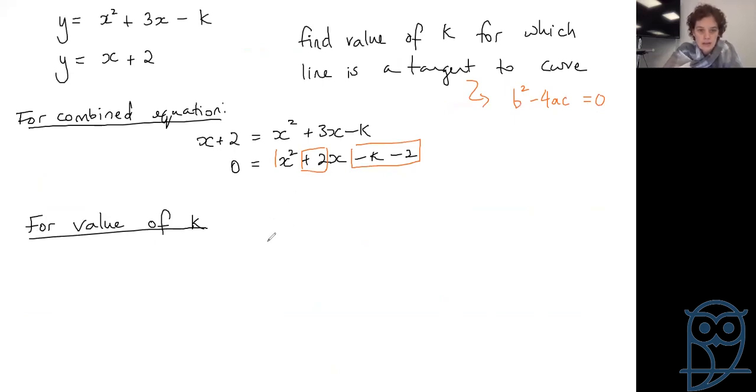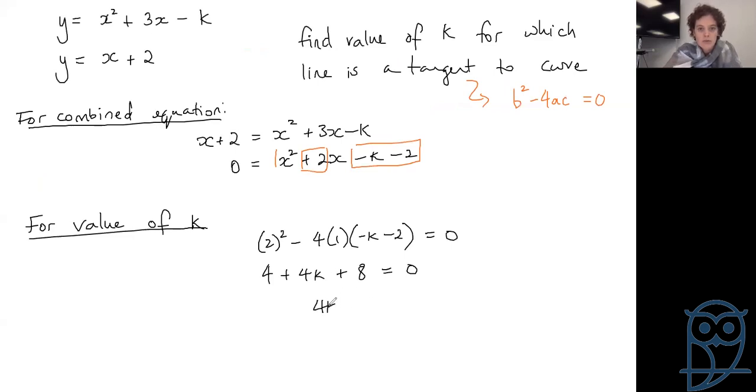So b squared is 2 squared minus 4 times a times c, and it equals 0. So 4 plus 4k plus 2 times 4 is 8 equals 0. Just check that I've done that right.